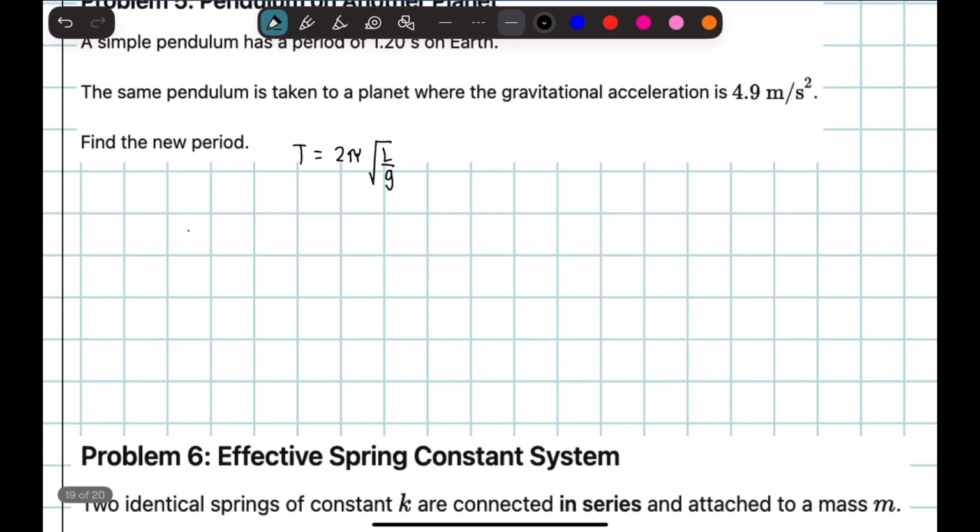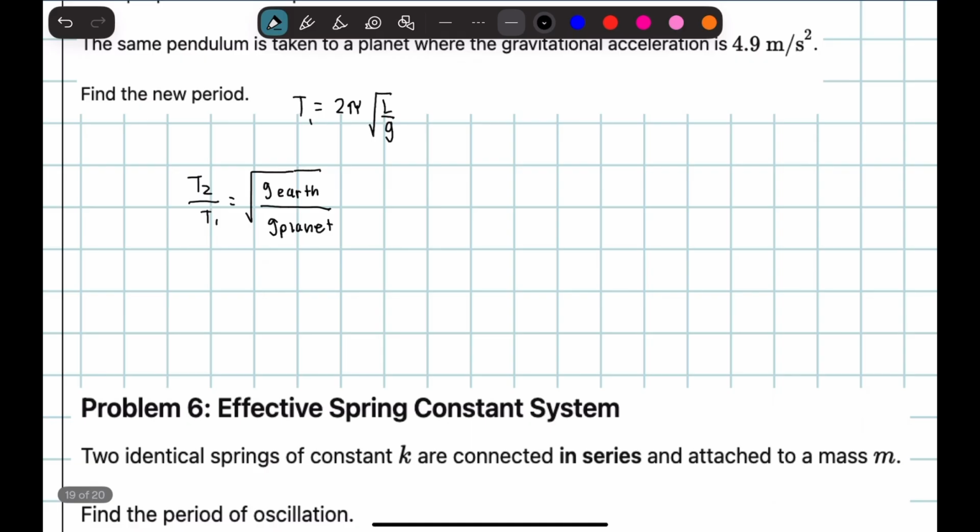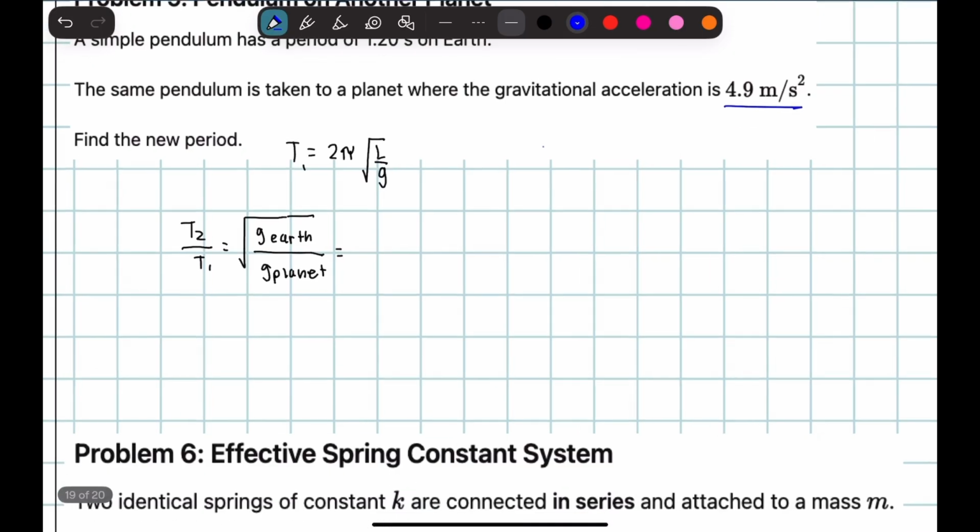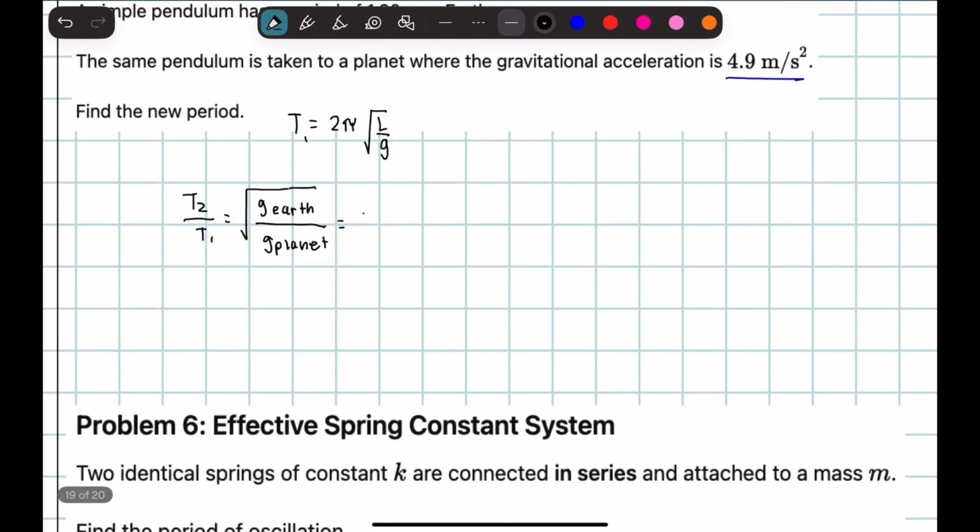Now the ratio T2 over T1 is going to be the root of the gravity of the Earth divided by the gravity of the planet. We can compare that because we have 4.9 and we also know Earth's.